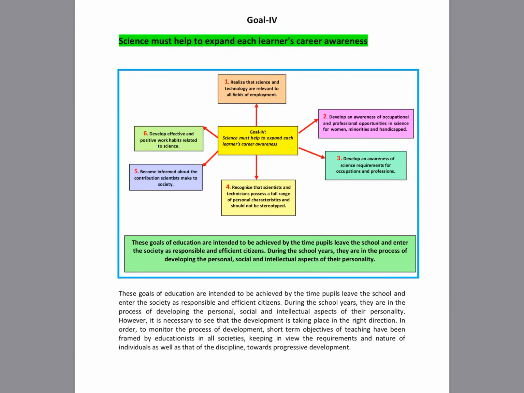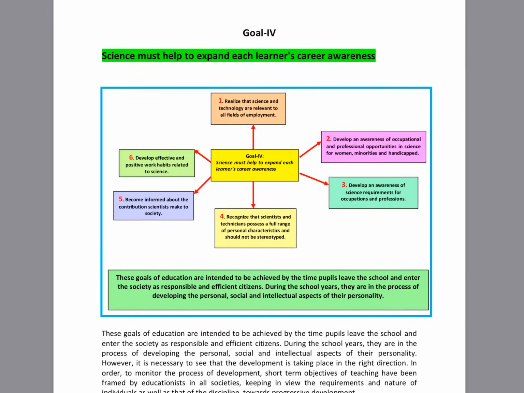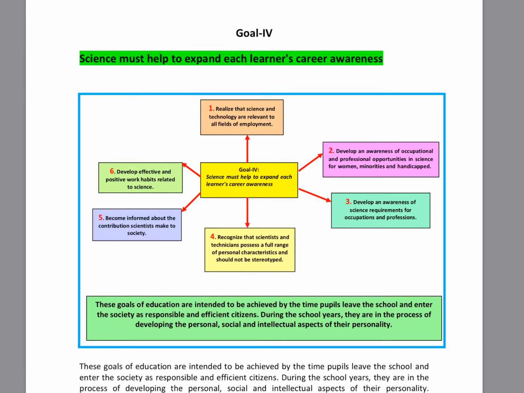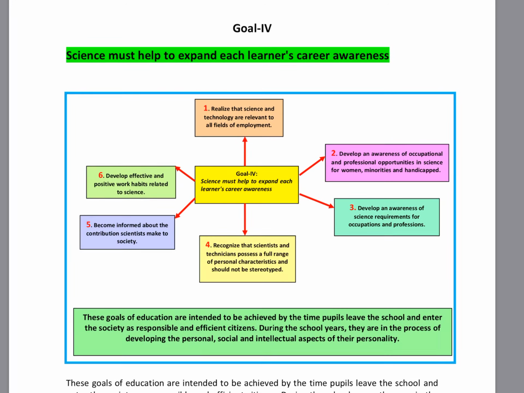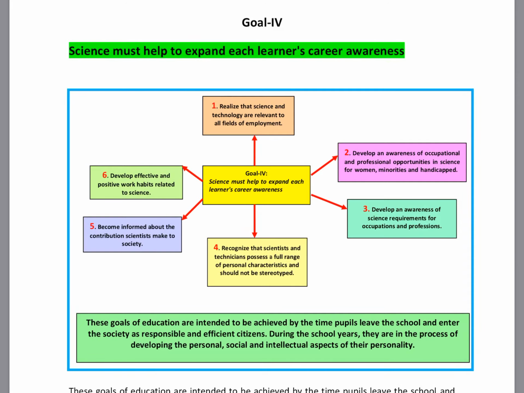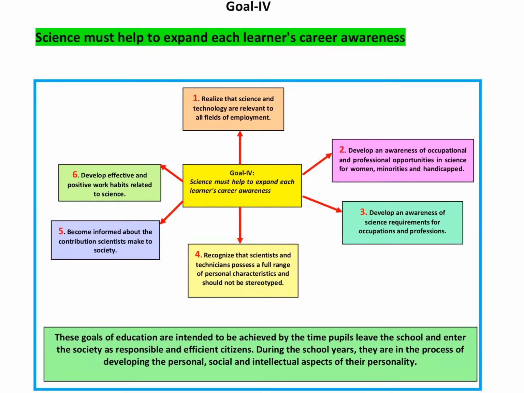Now the goal 4. Science must help to expand each learner's career awareness. This is mostly about the vocational importance of teaching of science. If you remember the very first class, why science finds a compulsory place in the school curriculum, one of the reasons was the vocational importance.